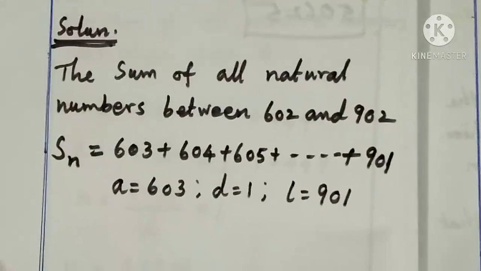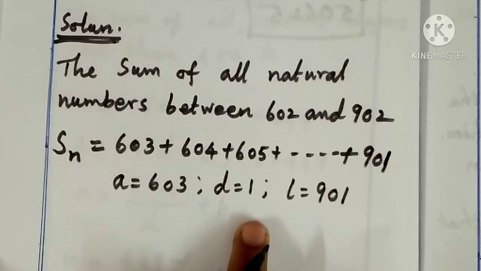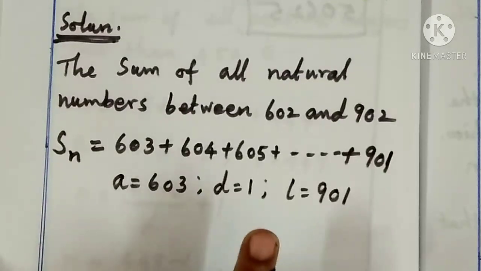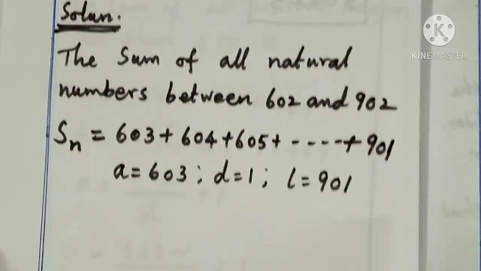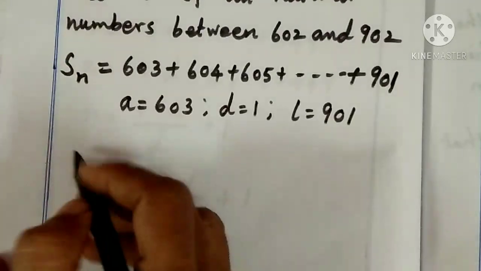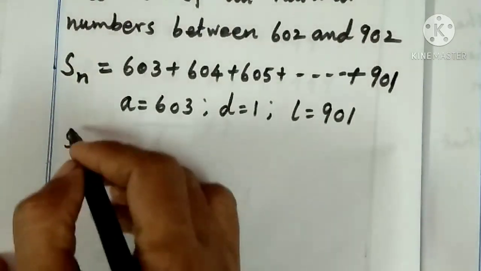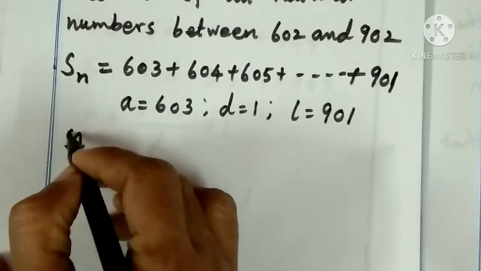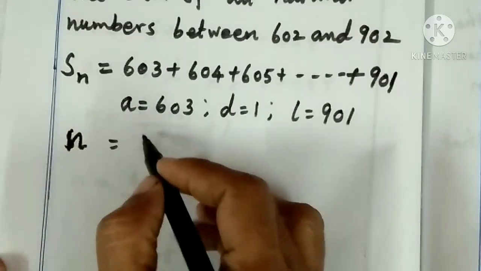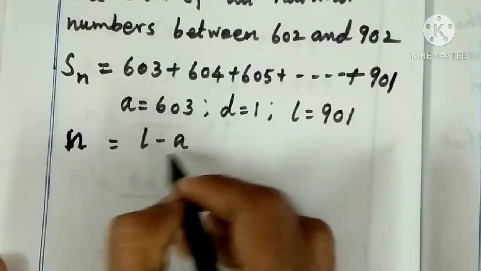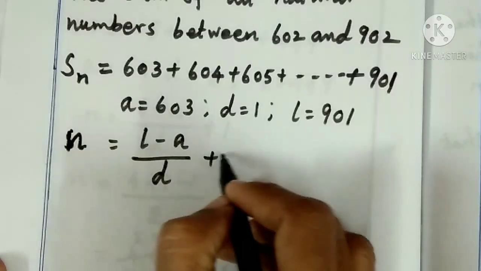For finding Sn, we need the value of n. So first you have to find the value of n. What is the formula? Yes, n is equal to last term minus first term by common difference plus 1.